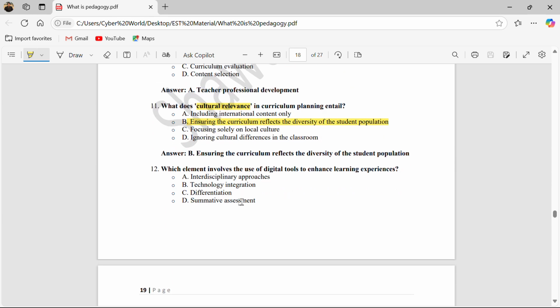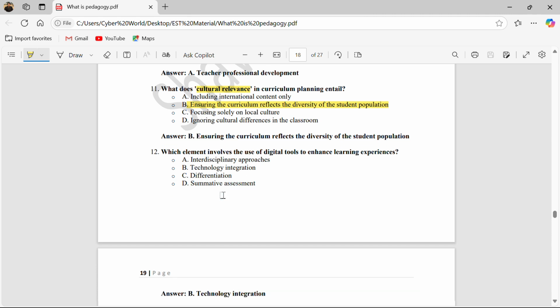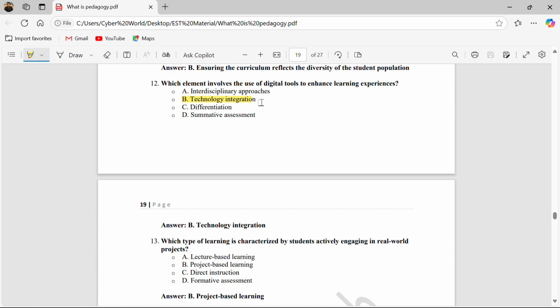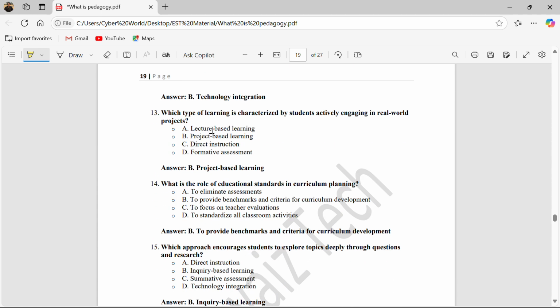Which element involves the use of digital tools to enhance the learning experience? This is known as technology integration. The next is, which type of learning is characterized by students actively engaged in real world projects?